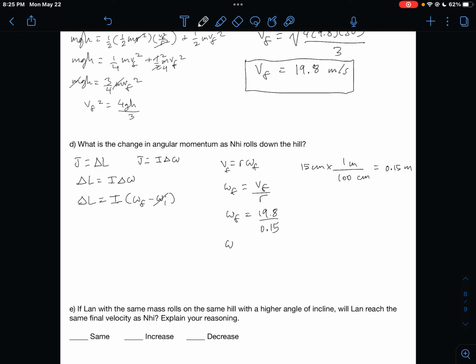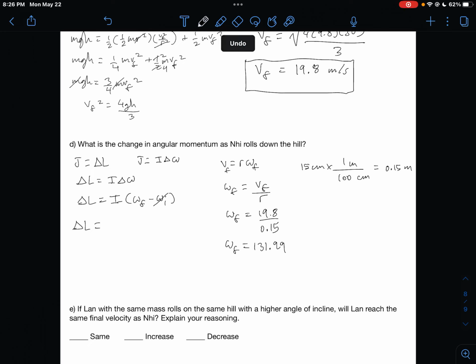Final angular velocity will be, so then I just plug that in here. Her moment of inertia is going to be 1/2.